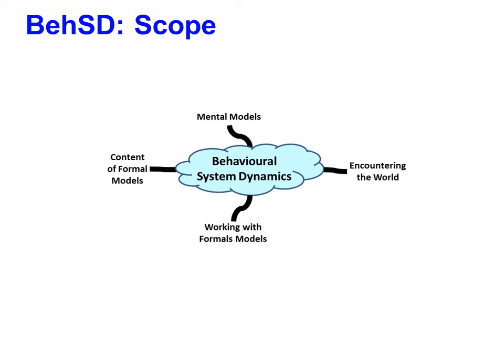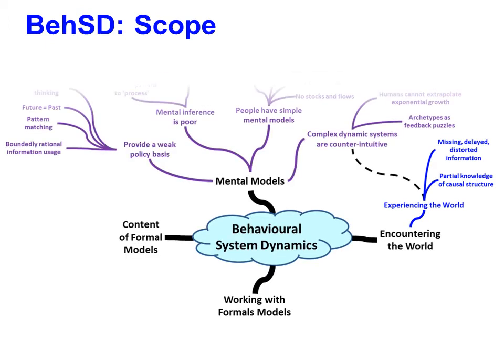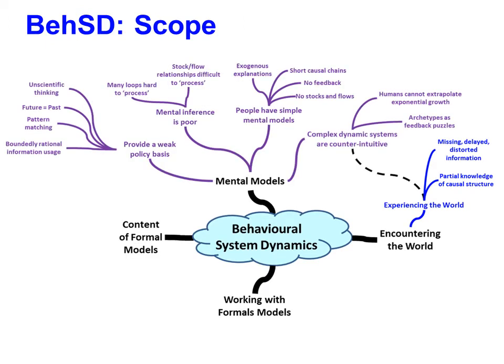I will outline this and give some examples of the phenomena. Encountering the world starts with experiencing it. We don't know what's there, we don't have all of the information, some of the information is delayed. That rapidly gets us into the question of mental models, the ones we have and how we use them.